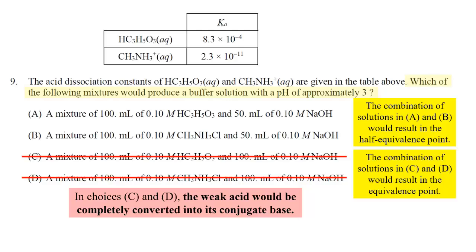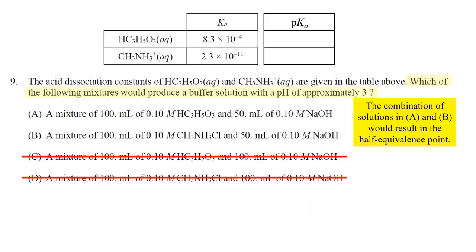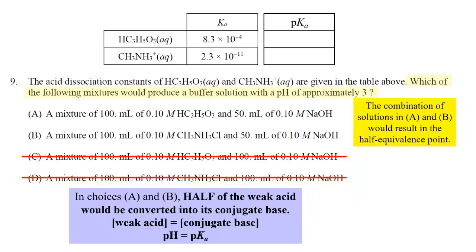Now we're looking for a buffer solution that has a pH of approximately 3. So let's go ahead and take the pKa, as in the negative log of the Ka. So in choices A and B, since half of the weak acid would be converted into its conjugate base, we would get that perfect pH equals pKa situation that results at the half equivalence point of a titration.